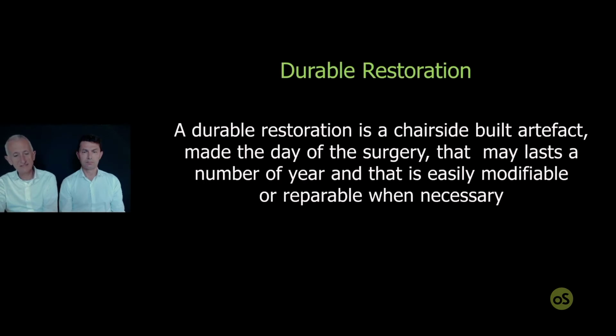Durable means, as you can read here, something made the day of the surgery that is supposed to last for a number of years. While the other two materials are temporaries, that means that they last for a limited number of months, and basically they are guaranteed for a year approximately.